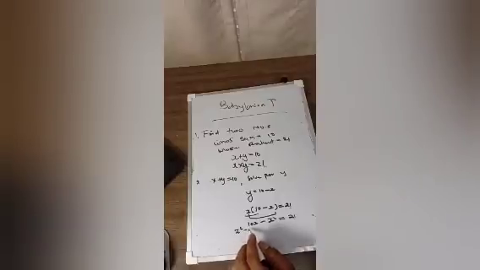Now we do what is called rearrange. We say x squared minus 10x plus 21 is equal to 0. What do we do after here?